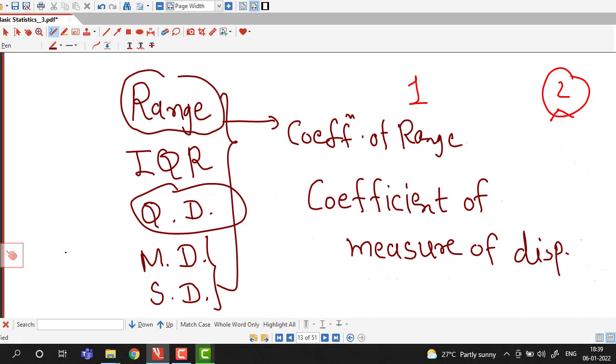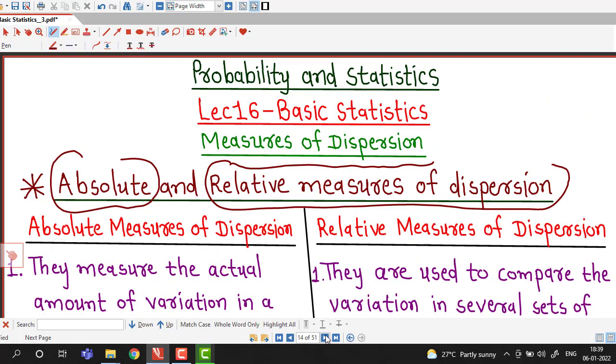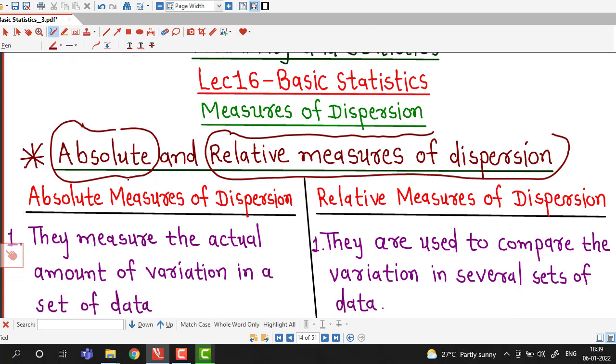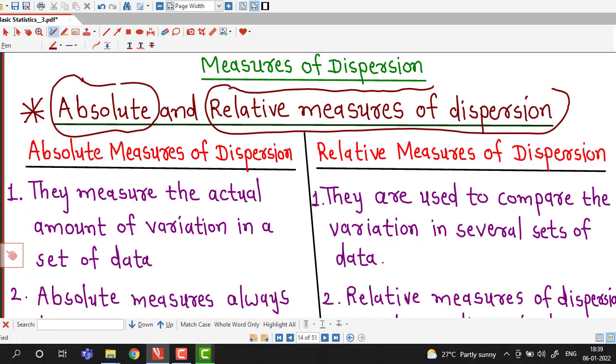Using all these relative measures, we can compare the variability of two or more data sets. Now we try to understand the differences between these types of measures of dispersion.